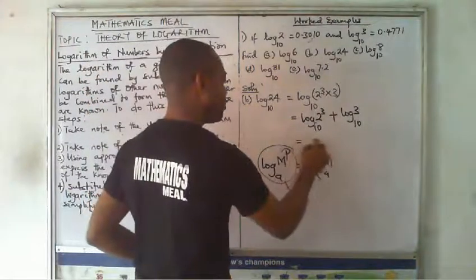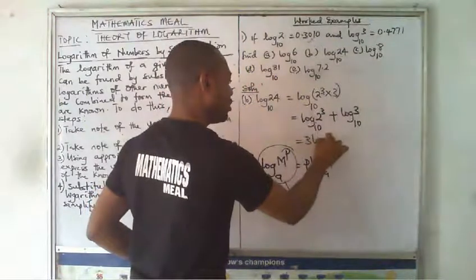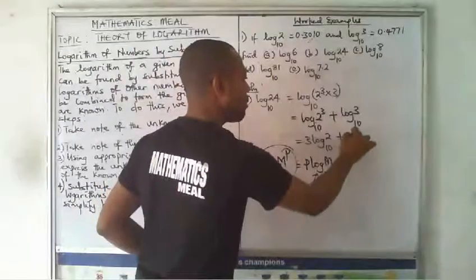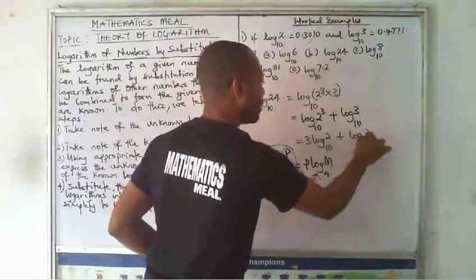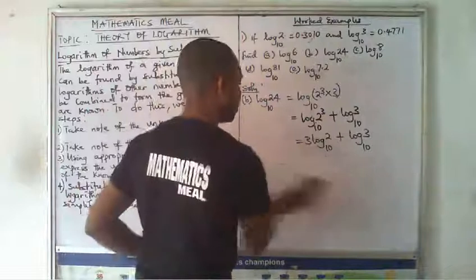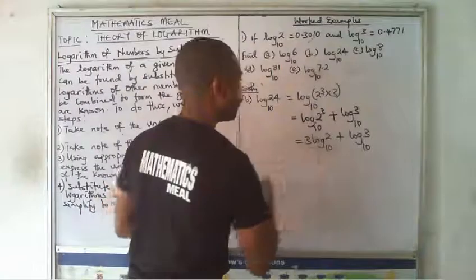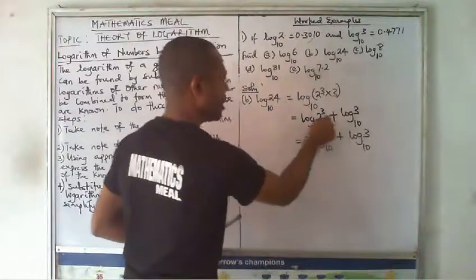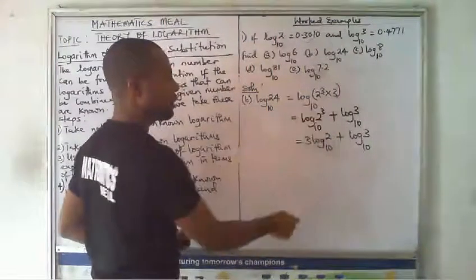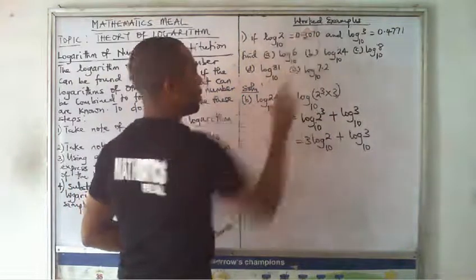This now becomes 3 log 2 base 10 plus log 3 in base 10. Beautiful. Now we have the power to substitute because we have set log 2 free. Before, it was not free because of this 3. It now exists as log 2, and that is the value that was given.